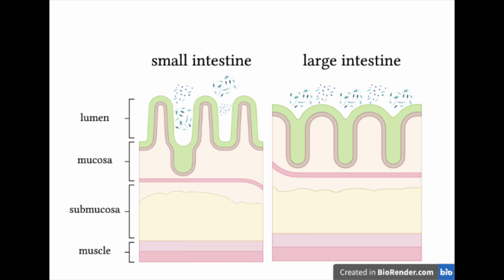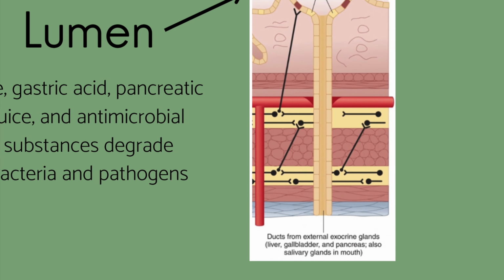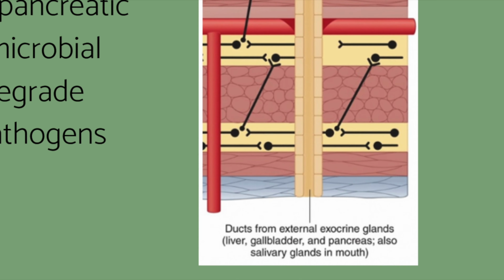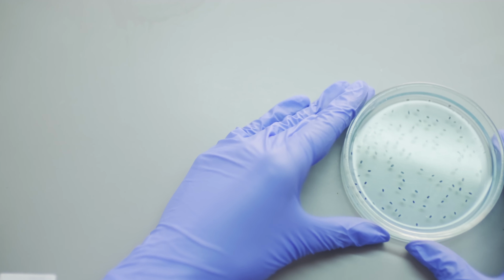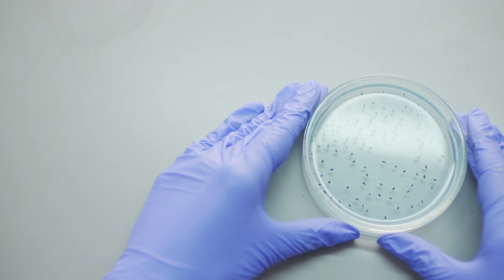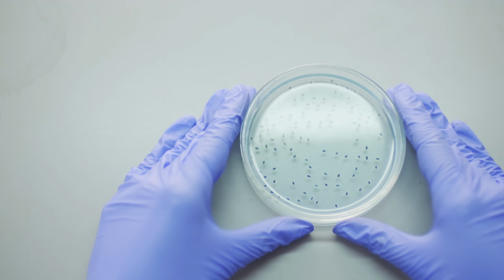The lumen is the space occupied by food contents and microbes. There is a certain level of defense against leaky gut even at the level of the lumen. Here, bacteria and antigens are degraded by bile, gastric acid, and pancreatic juice. In addition, commensal bacteria inhibit colonization of pathogens by producing antimicrobial substances.